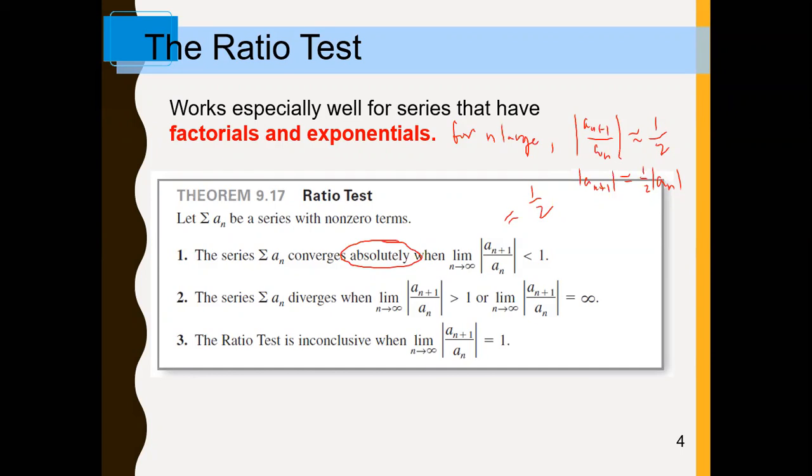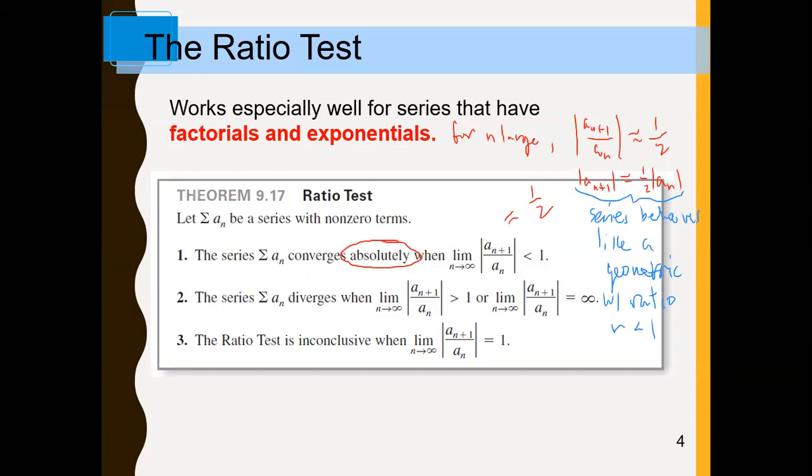So this relationship says that the series behaves like a geometric series with ratio r less than 1. Basically, does that make sense?